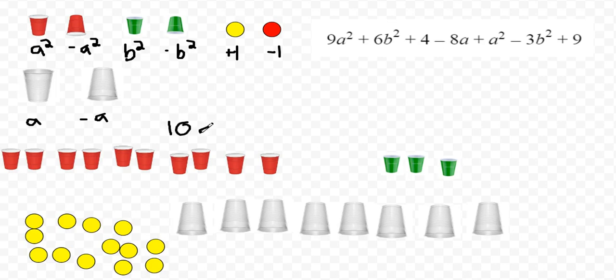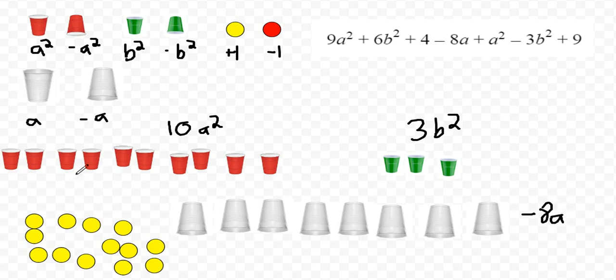I'm left with 1, 2, 3 b squareds positive, 3b squared. I'm left with 1, 2, 3, 4, 5, 6, 7, 8 negative, because they're upside down, negative 8a.